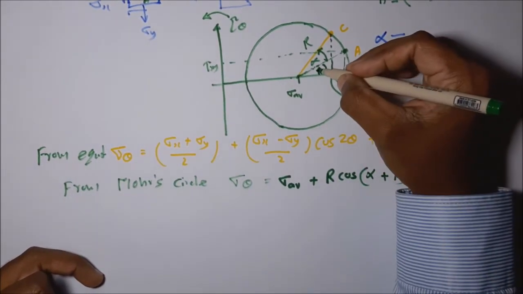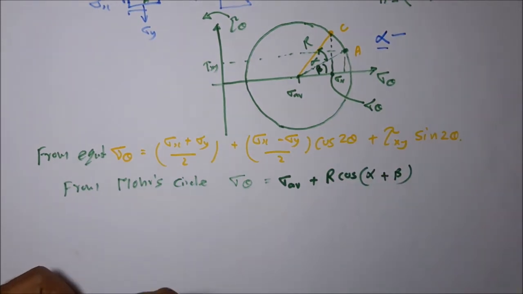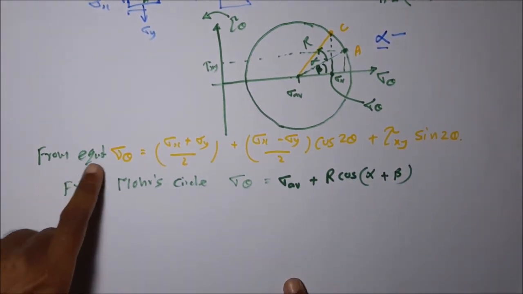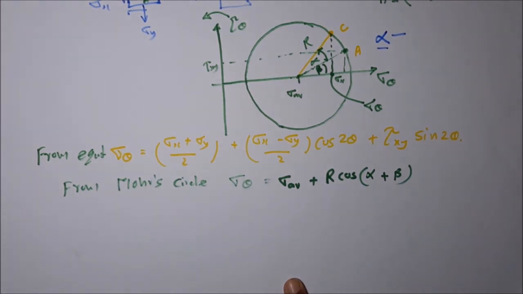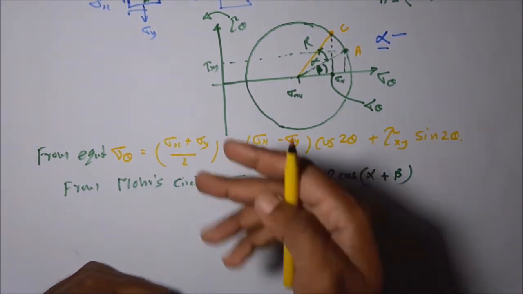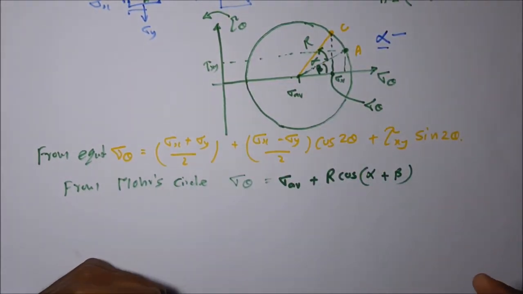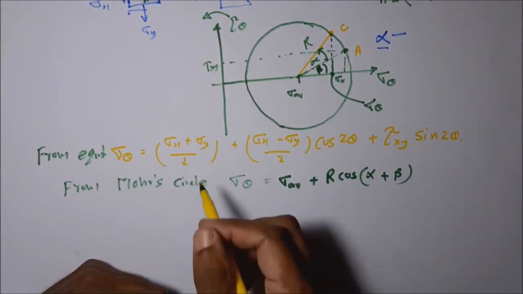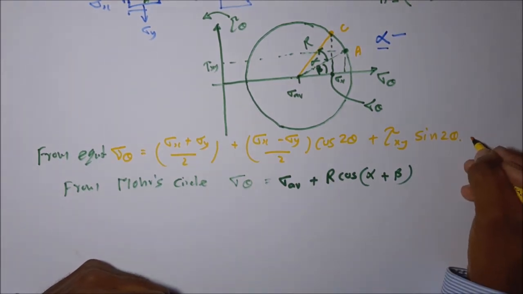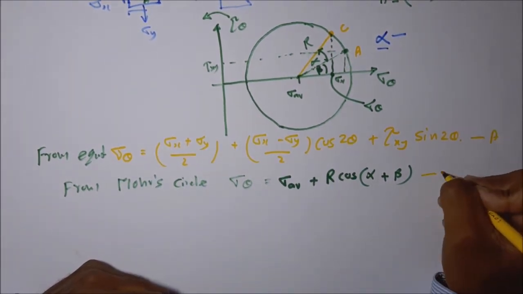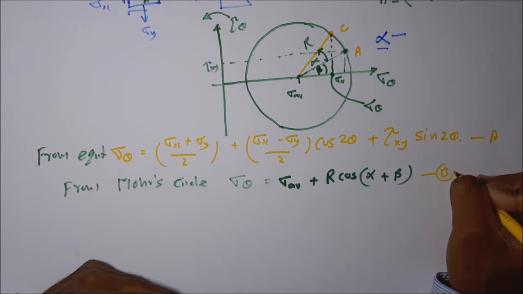From the equation we got one value, and from the Mohr circle diagram we got this value. No confusion: these two should be equal because it is the same plane. So I'm going to equate A and B.